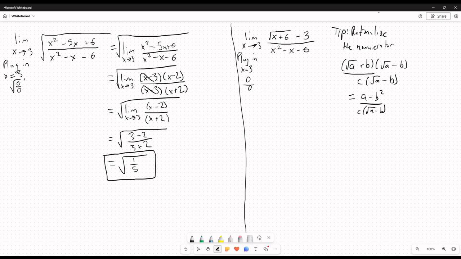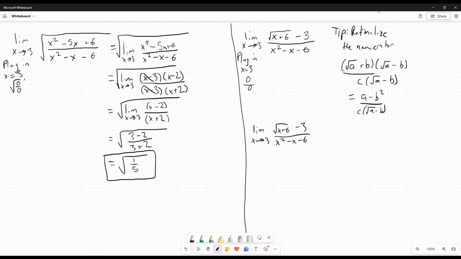And I mean, we still have a square root somewhere, but what we did do is we were able to get rid of the square root in the numerator. And in this case, doing something like that will be enough to help us evaluate the limit. So let's go ahead and rewrite it down here. We're going to have the limit as x approaches 3 of square root of x plus 6 minus 3 over x squared minus x minus 6.